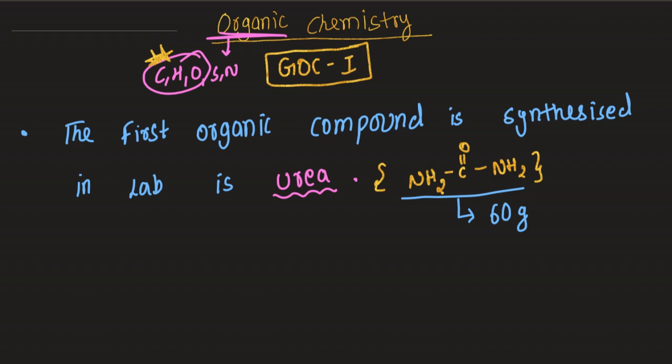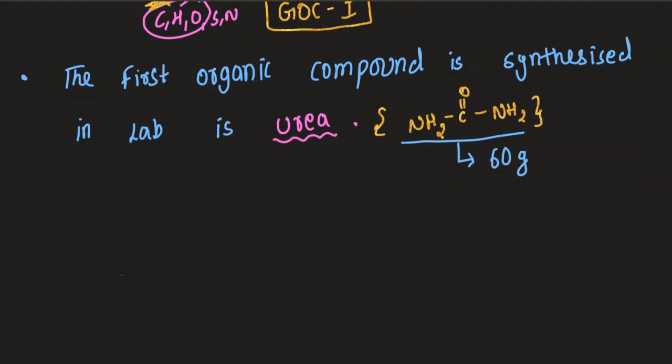Now the next question is, ma'am, who synthesized this urea? There is one scientist, his name is Wohler. So we will generally call it the Wohler synthesis. Let me give that equation.